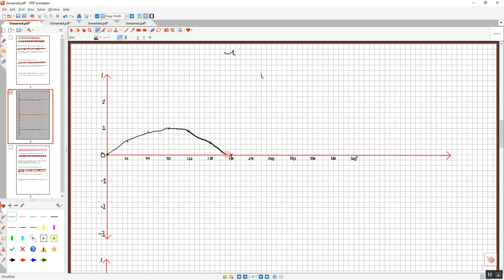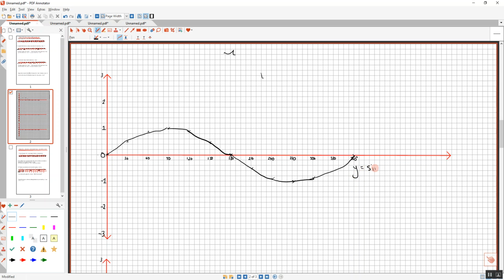Doing it as neat as possible, please. Okay, make sure you're labeling your graphs as well.